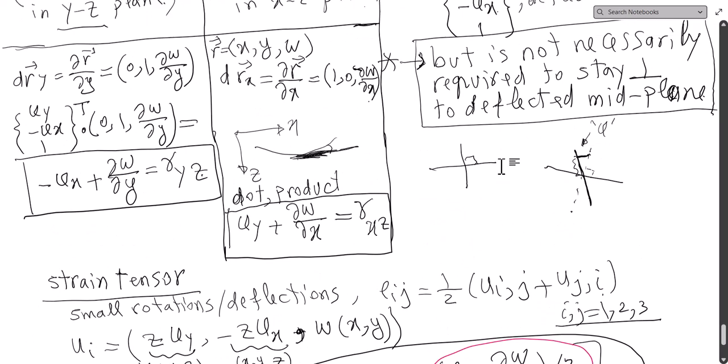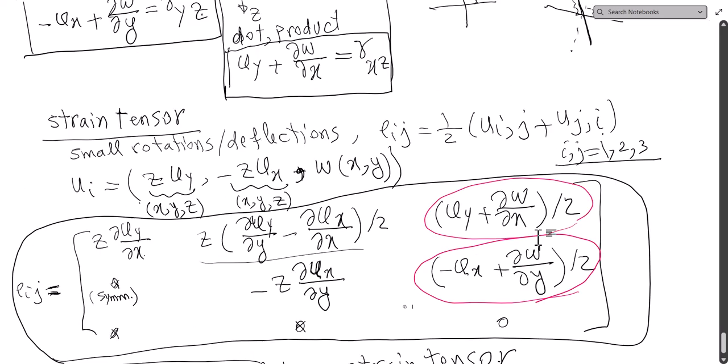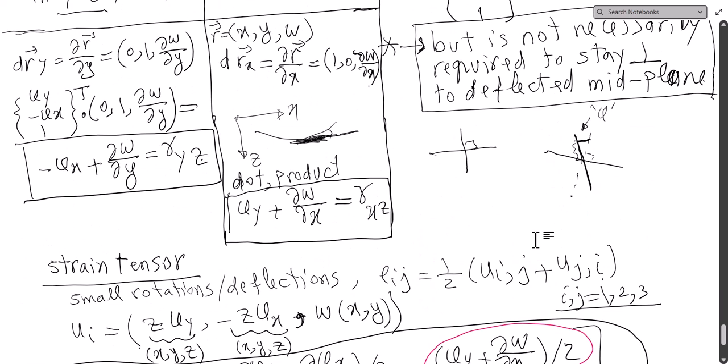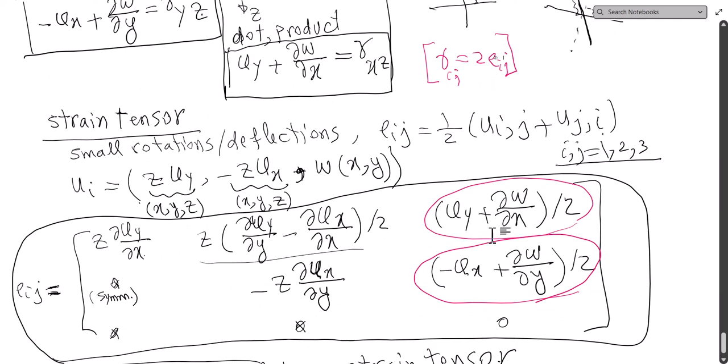But once you relax it and get these gammas, which are the shear strains, basically you can say that in general gamma ij is 2 Eij. These are shear strains, but in this relationship, they are related. But this is the full strain tensor.